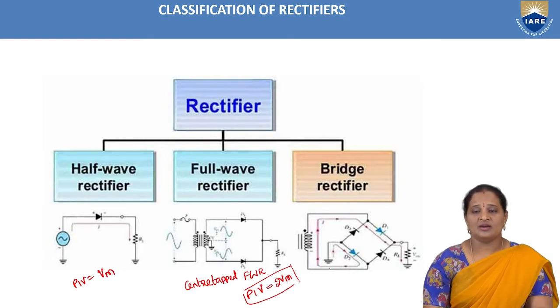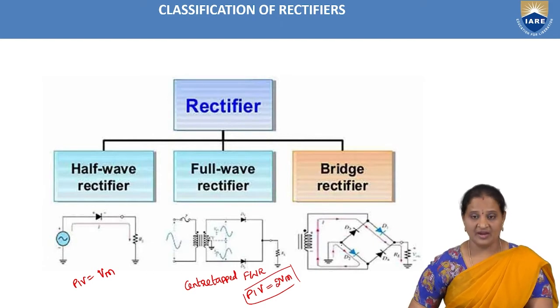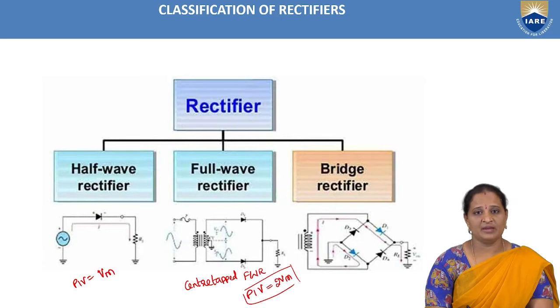Here the bridge rectifier circuit diagram is shown. The major difference between the bridge rectifier and the center tap full-wave rectifier is that we do not have any tapping in the secondary winding, whereas we have a center tapping in the center tap full-wave rectifier. That is why it is named center tapped full-wave rectifier.